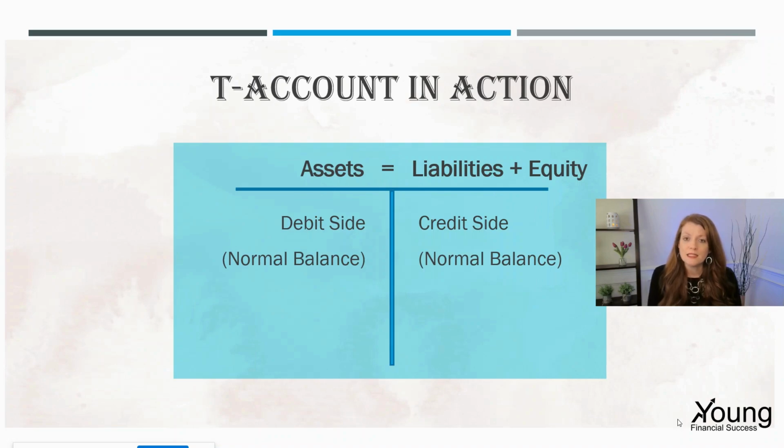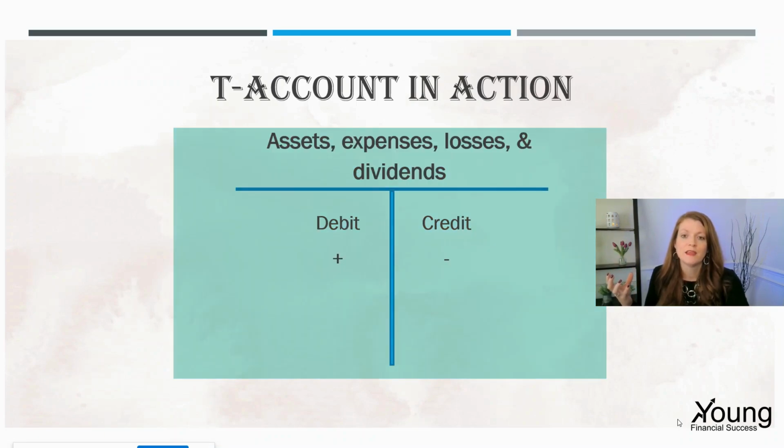So anytime we want to show assets increasing, since they have a normal debit balance, we would debit assets. And also expenses, losses, and dividends. We increase those with a debit because their normal balance is a debit, whereas if we're going to decrease any of those, we would credit them.